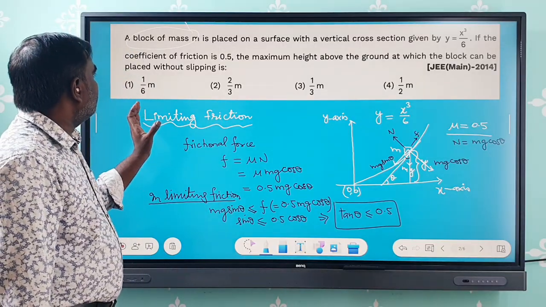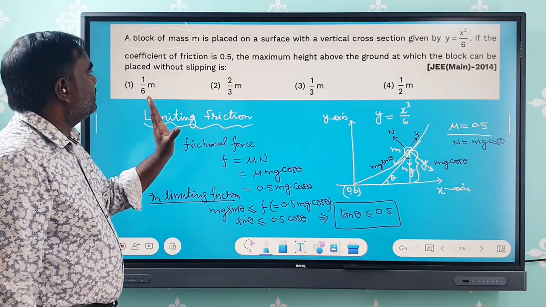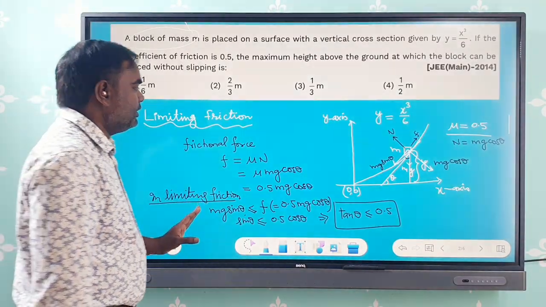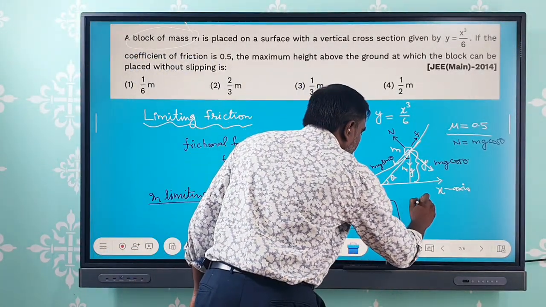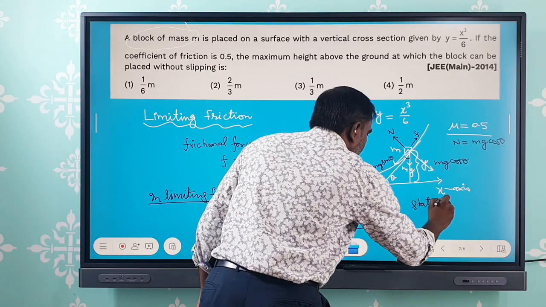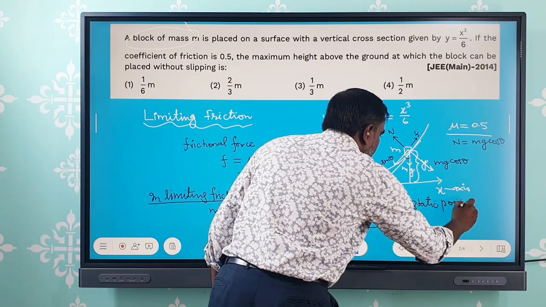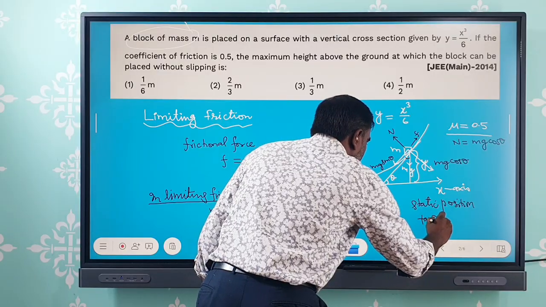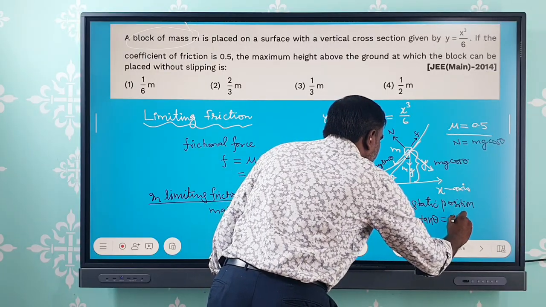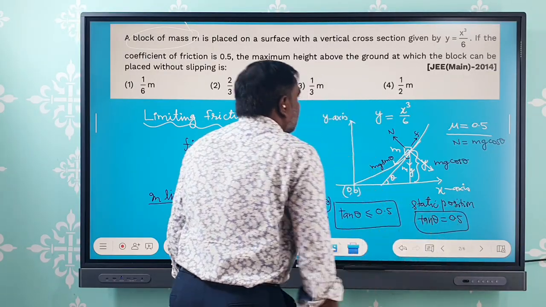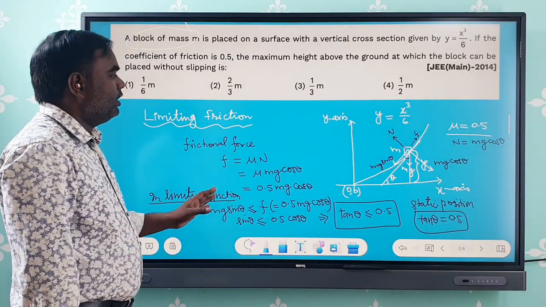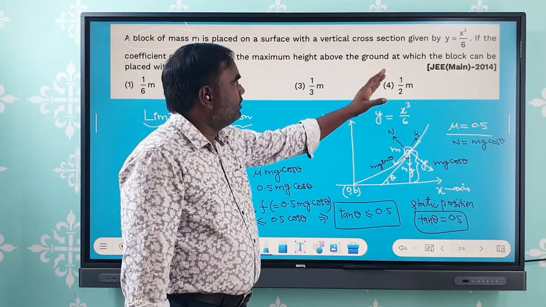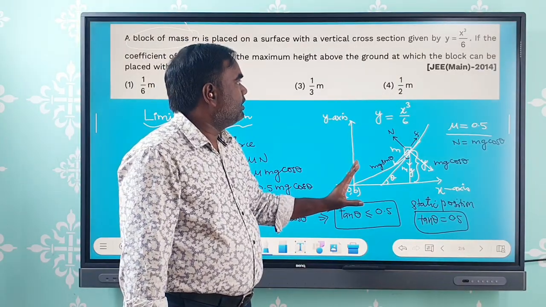So this is the value for tan theta, and when the block is in the static position, then that equality comes into account. Then in the static position, tan theta is equal to 0.5. Now we will find this tan theta in terms of dy by dx.